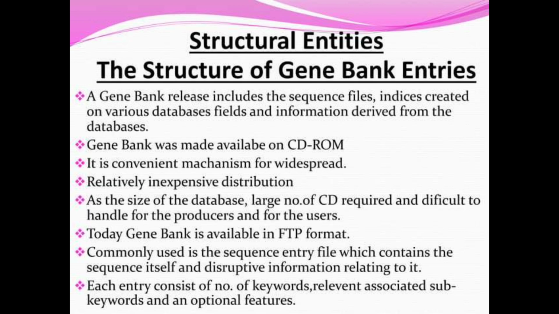Nowadays GenBank is available through the file transfer protocol of internet services. The commonly used sequence entry file contains the sequence itself and descriptive information related to it. The entry consists of a number of keywords with associated information and optional features.